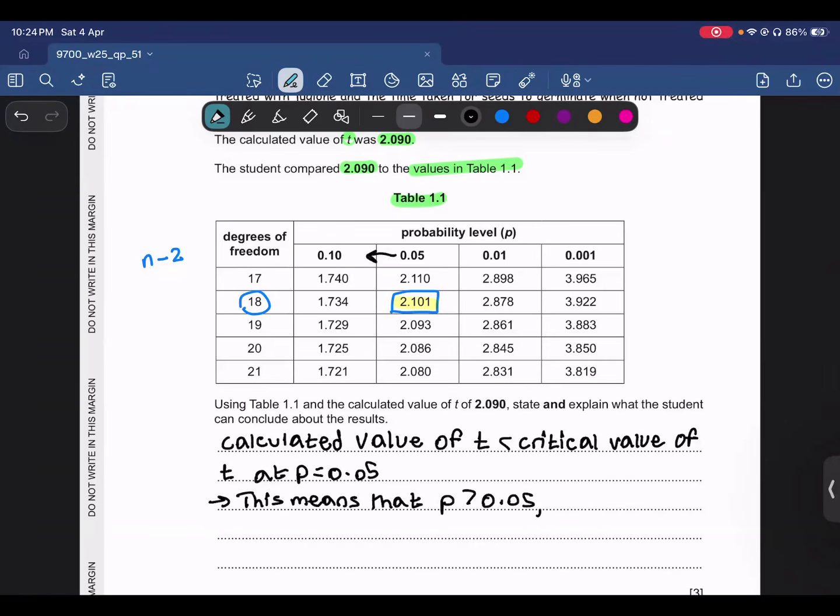And in that case, do we reject the null hypothesis or do we accept it? We are going to accept the null hypothesis because there is no significant difference. बिल्कुल सही. We are going to accept the null hypothesis.